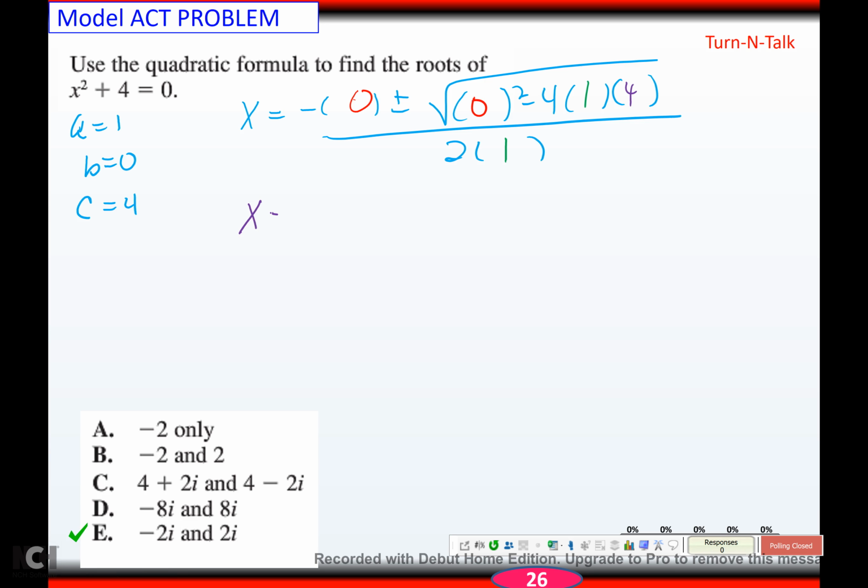So that gives me x equals negative 0, which doesn't make any sense, so 0 plus or minus the square root. That's 0 plus 16 is 16 over 2, except that's negative 16. So that's plus or minus 4i over 2. And that is plus or minus 2i. Okay?